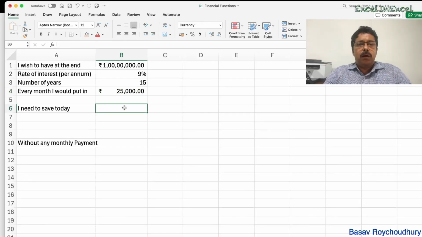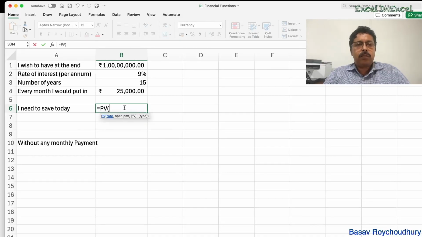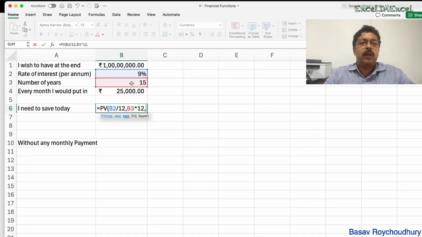So, let's look at the formula PV, present value. Now, what is the rate? 9%. But again, since we are going to put 25,000 every month, our interval is monthly, and therefore the interest rate has to be monthly. So we divide by 12. NPER, it's 15 years, so into 12 months.